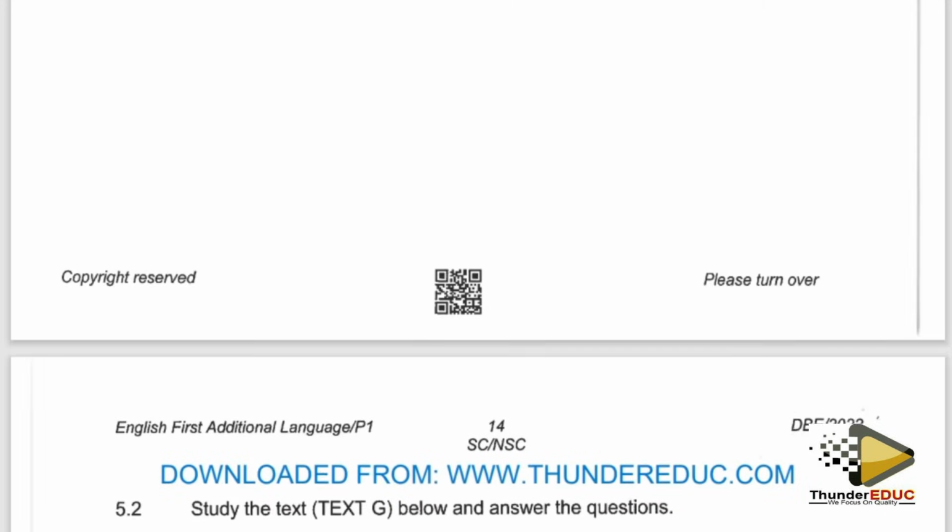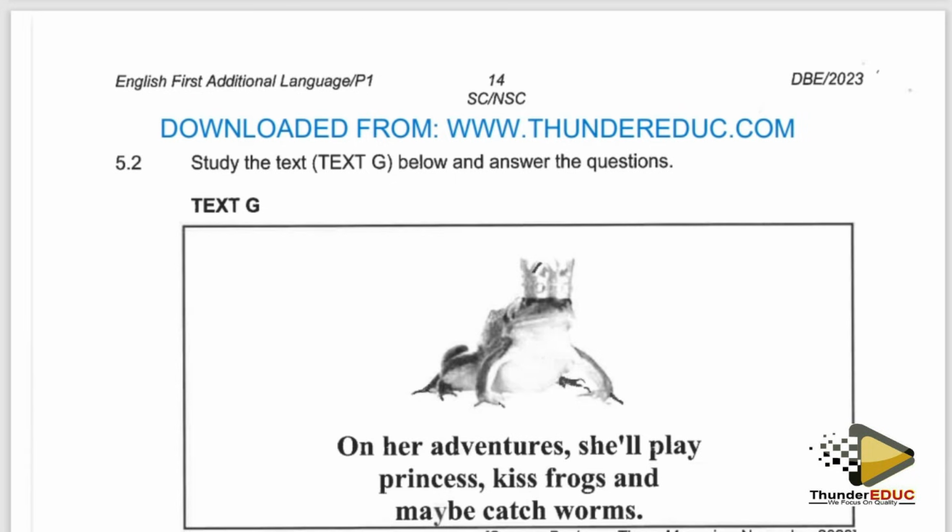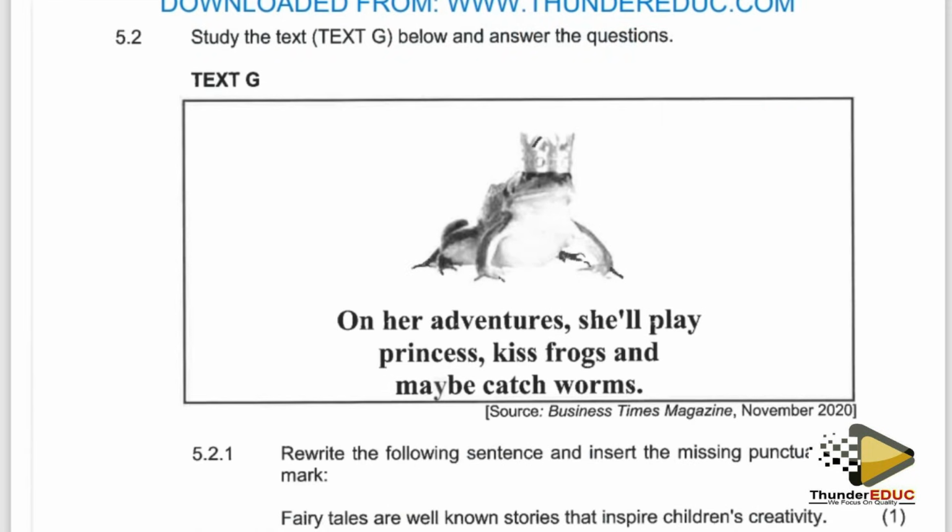Right, let's go to our own 5.2, which is study the text G below and answer the questions. Your text G: on her adventures, she'll play princess, kiss frogs, and maybe catch worms.